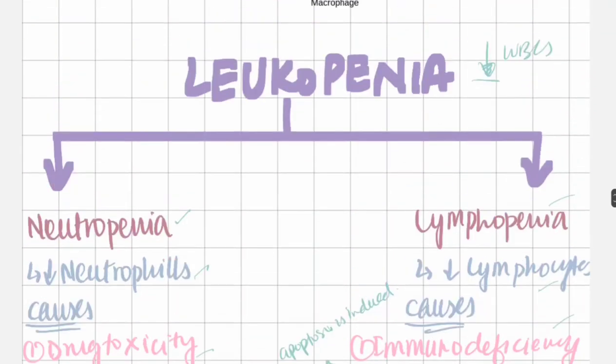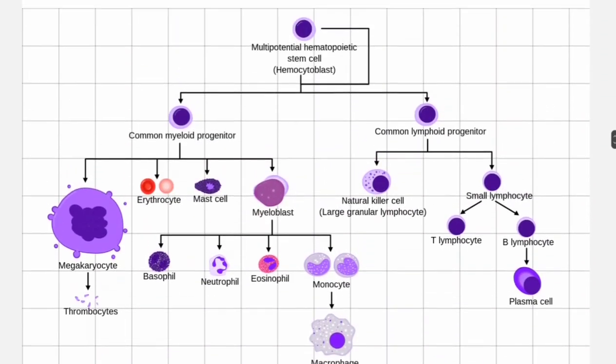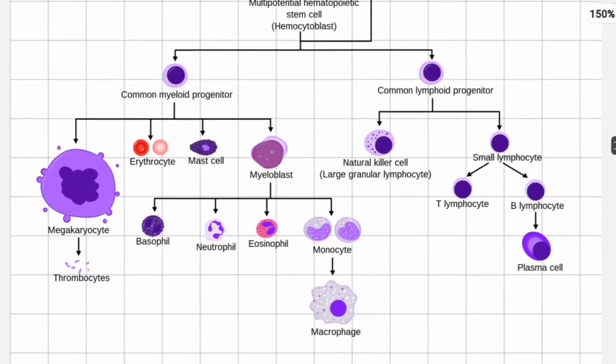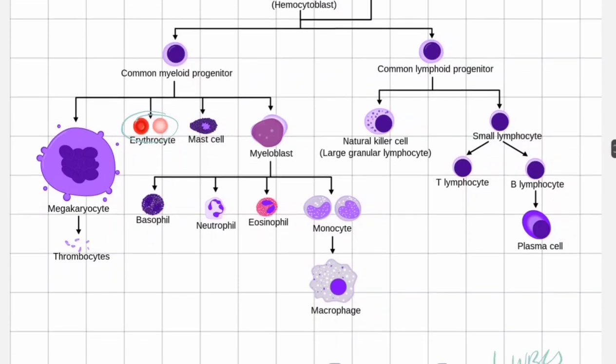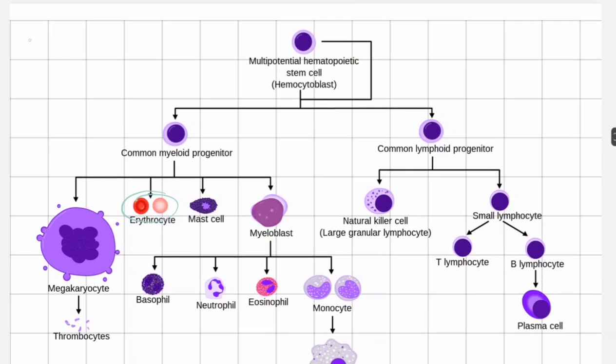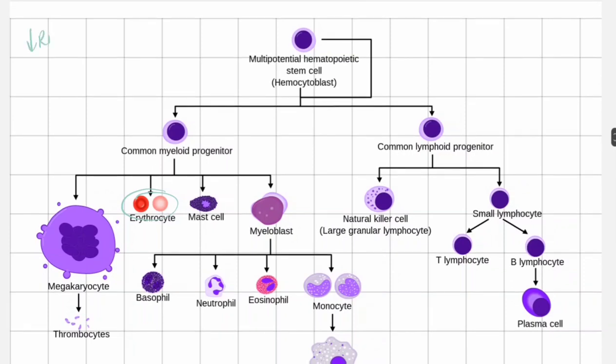But before that, if we go back here, right now we are only talking about WBCs. We've already done red blood cells. So here is the red blood cell. The erythrocyte precursor is the red, and it is going to form the red blood cells. When you have a decreased amount of RBCs, it is called anemia.